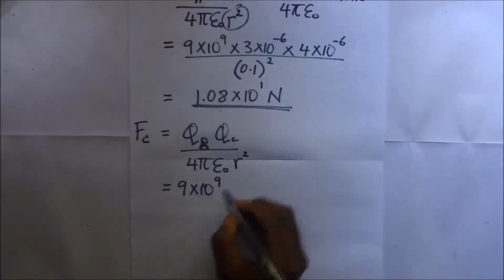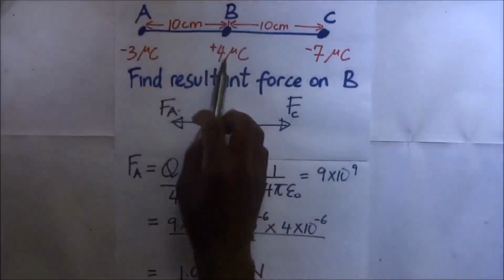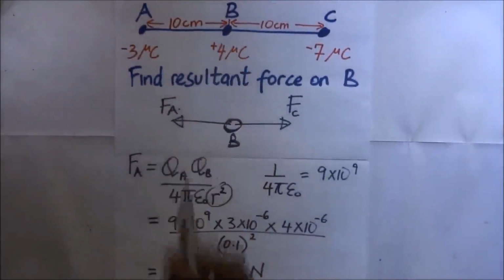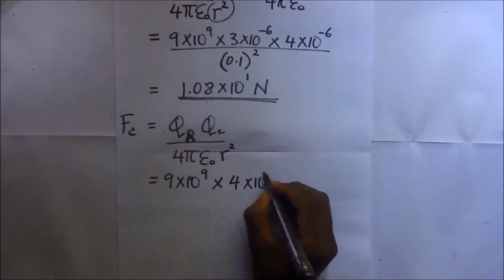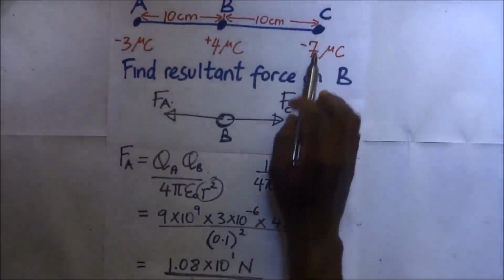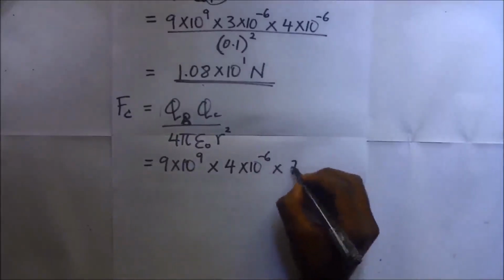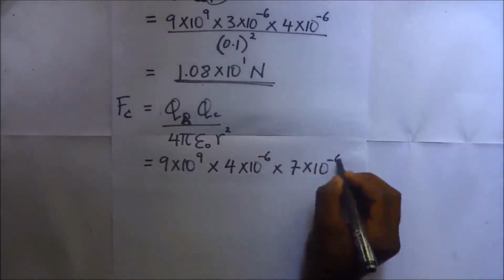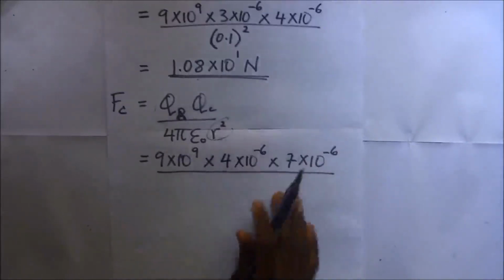Multiply that by QB. B is 4 microcoulombs, so it is 4 times 10 to the power negative 6. Multiply that by QC. QC is 7 microcoulombs, so multiply that by 7 times 10 to the power negative 6. All that is divided by r squared.